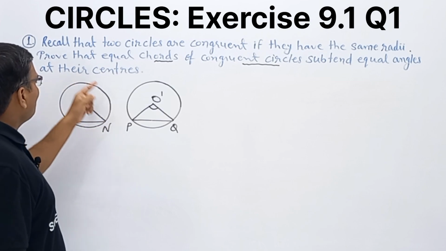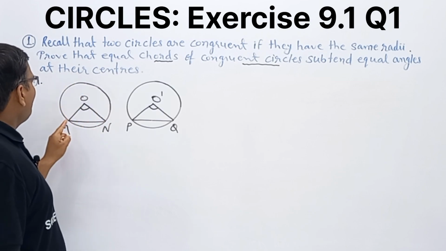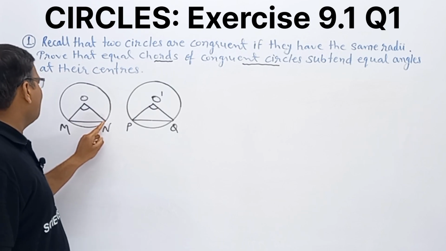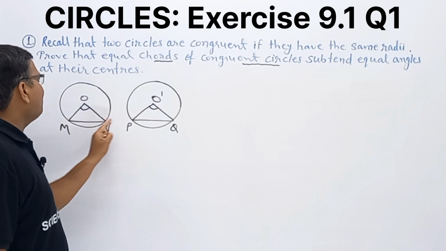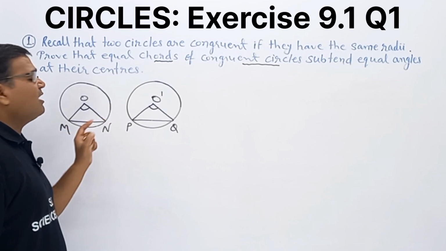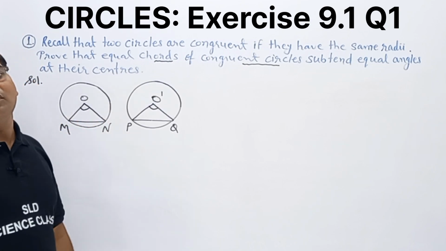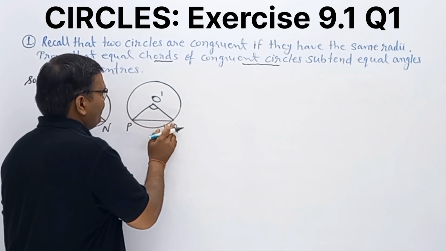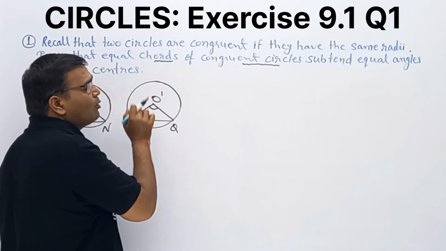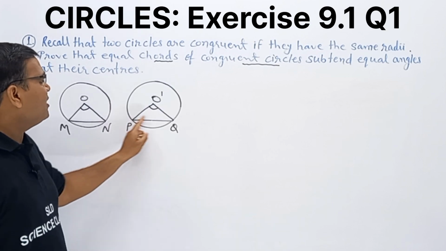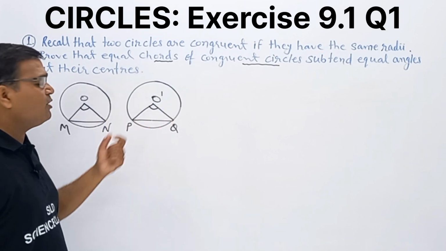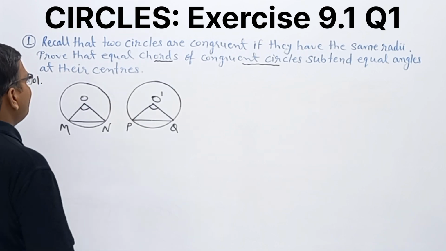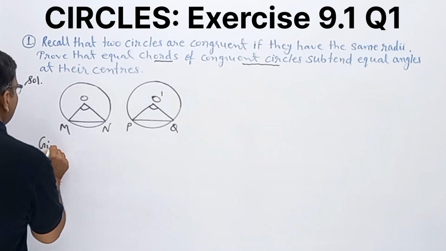Here there are two points, M and N, on the circumference. We get one line segment MN, and this line segment is called a chord. Similarly, P and Q are two points of the circumference, and joining them we get line segment PQ, which is also a chord.